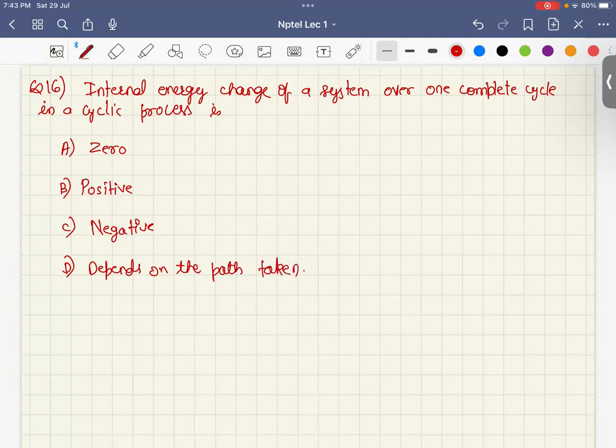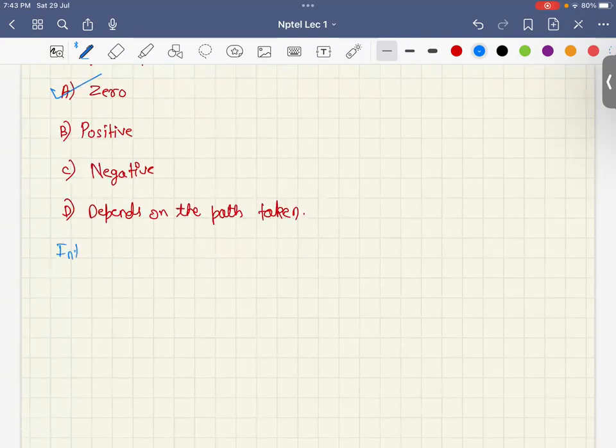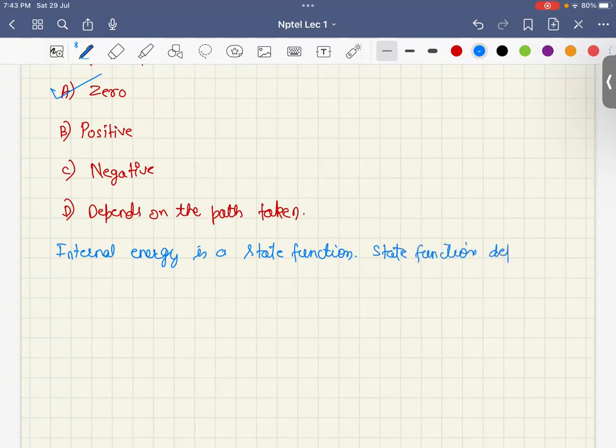Okay. The correct answer is obviously option A, 0. Now why? Because internal energy is a state function, right? And state functions depend only on the initial and final position.